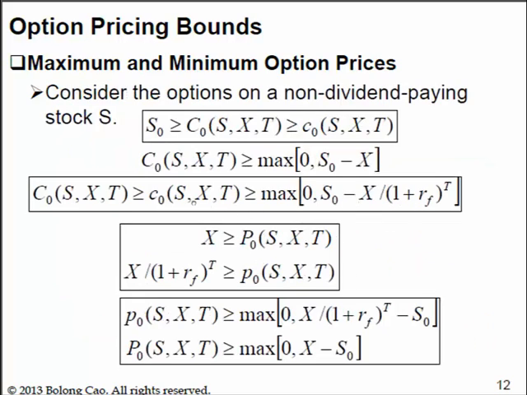So for the European call option, right, you have a lower bound that is the maximum between zero or spot price minus the present value of the strike. Now we have to compare, right? Is spot price minus strike itself a bigger number, or spot price minus the discounted strike a bigger number?